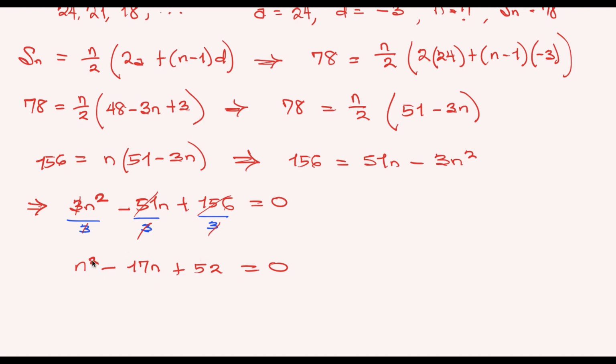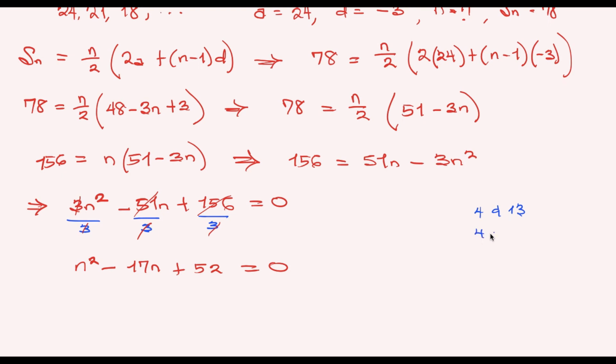And as you already know, to solve quadratic equations, we're looking for the factors. We're looking for 2 factors of a constant here, 52, which when we multiply would give us 52, but when we add or subtract, will give us 17. Here we can use 4 and 13.